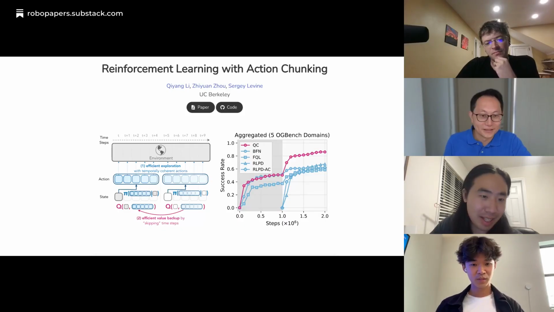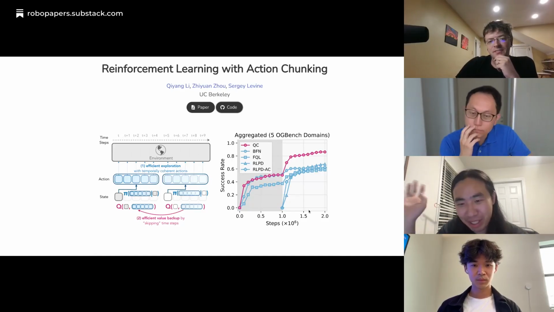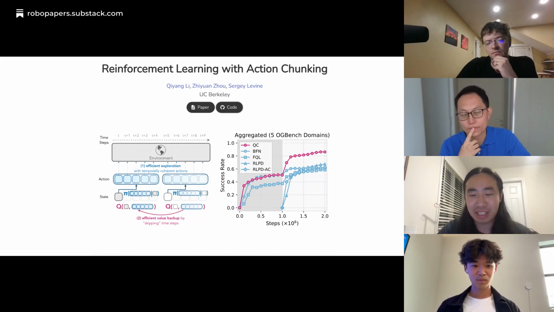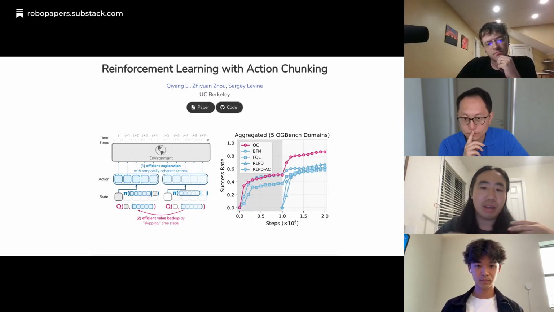Okay, so I guess just a little bit of a teaser of how well this does. On the right, we have an aggregated plot that shows that having these action chunking policies in RL is actually really effective, especially for online learning. So just to interpret the plot, the first half of the plot on the left shows how well our method does with action chunking in the offline RL case.